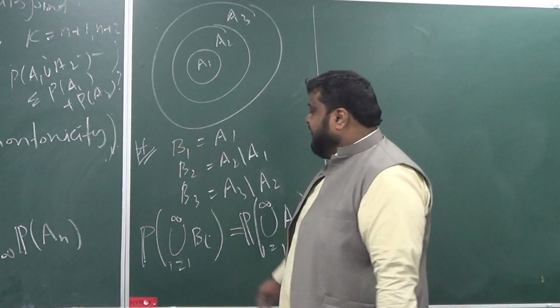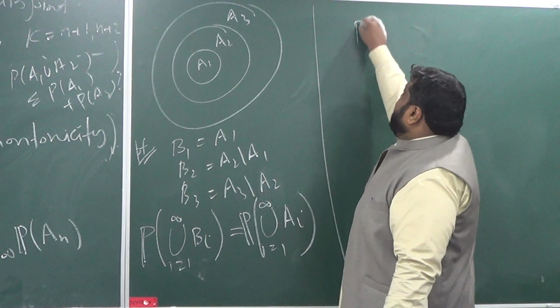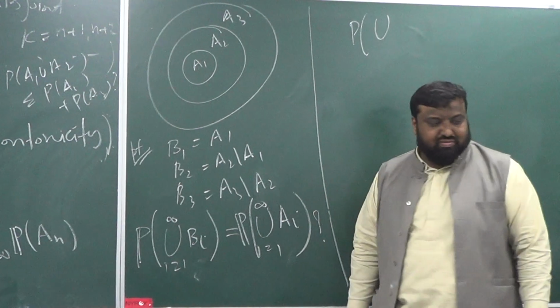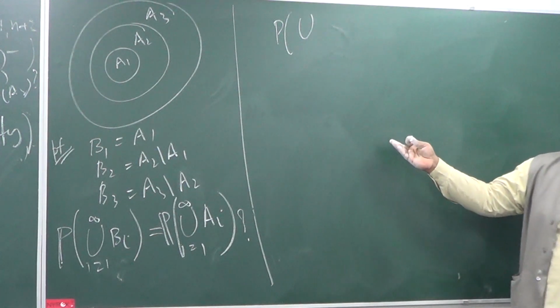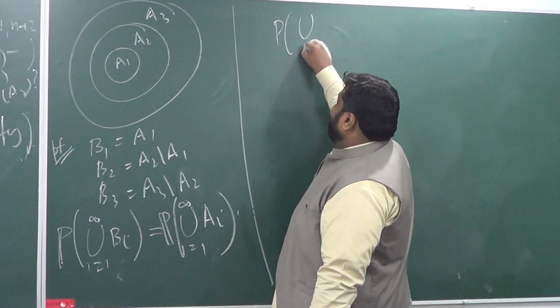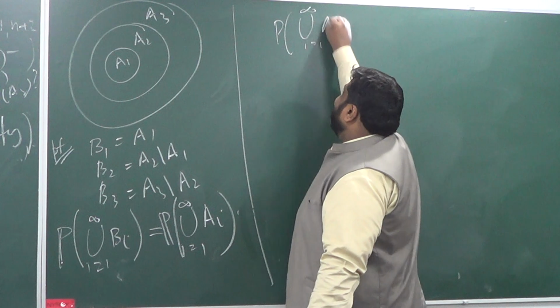So I want to compute this, let's compute this. If you want to compute this, okay, this is left for you to do. Fill the gaps. After this showing that, let me do it.